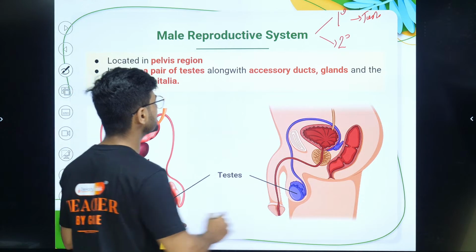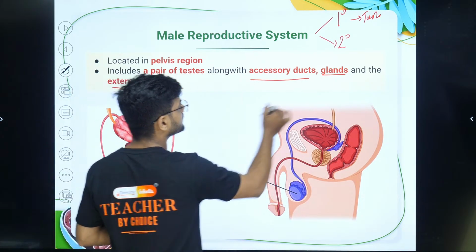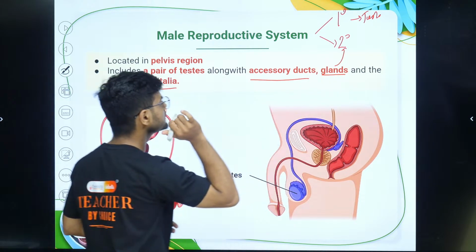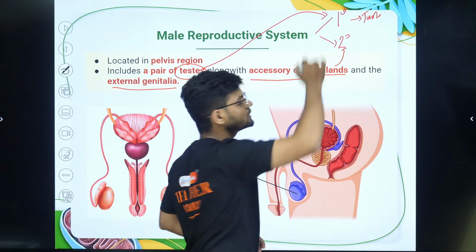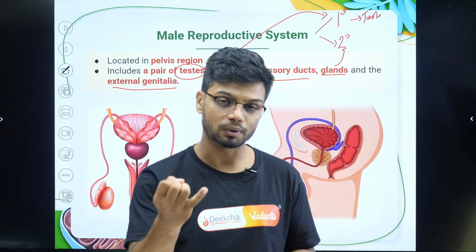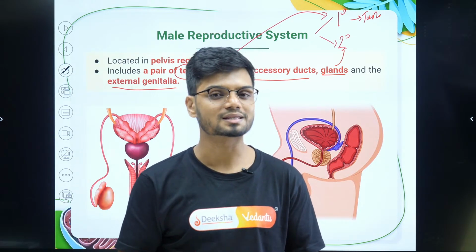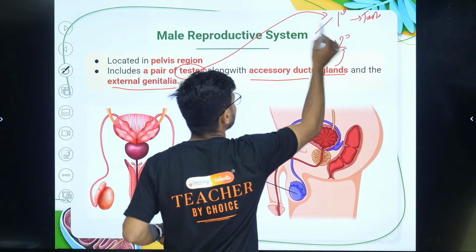The accessory ducts, glands and external genitalia come under the secondary structures. A pair of testis belongs to the primary structure. Why? Because testis provides sperm as well as hormone, for example testosterone. So that is the simple difference between primary and secondary organs.